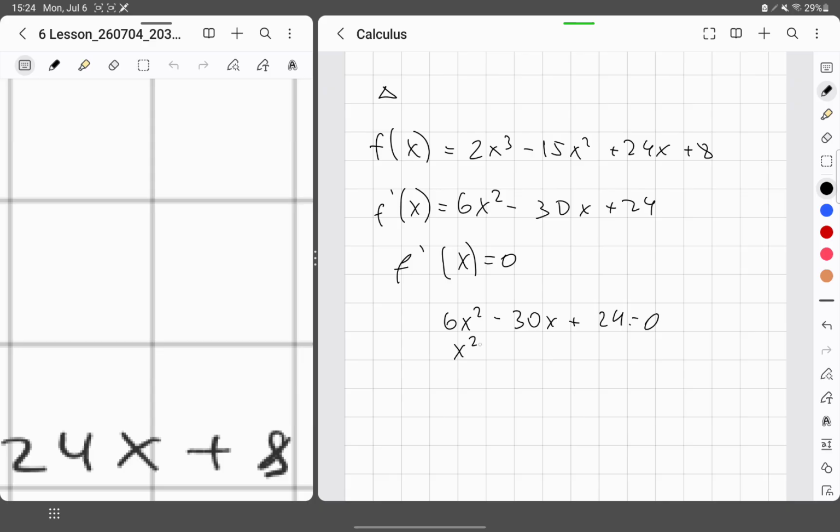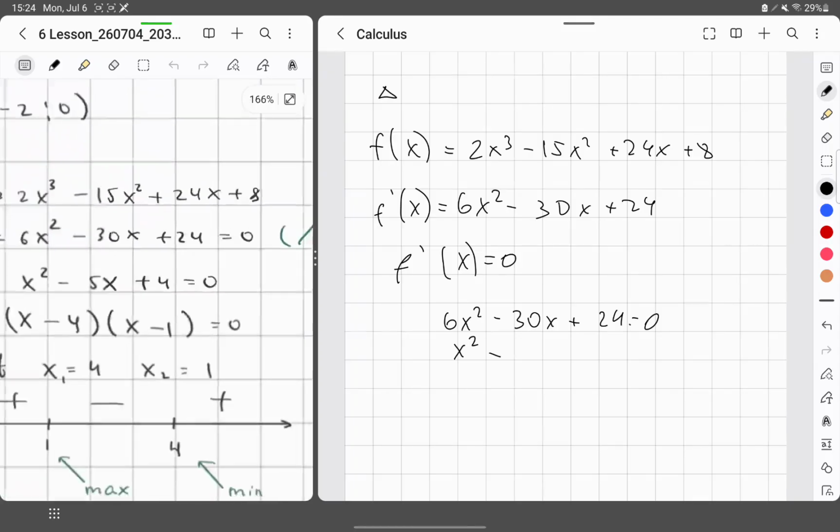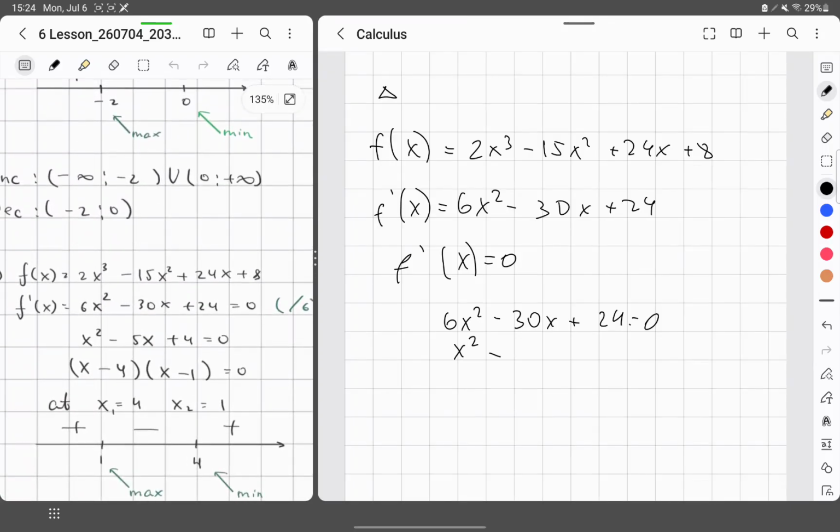It will be x squared minus 5x plus 24 over 6, that is 4. Is that true? Yes, we are going very well. Factors 4 and 1.